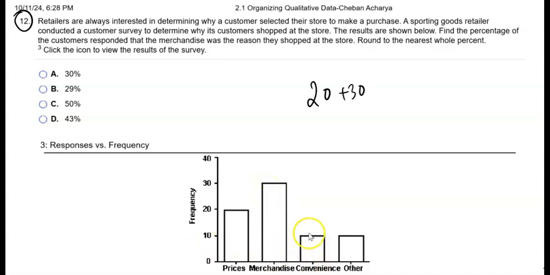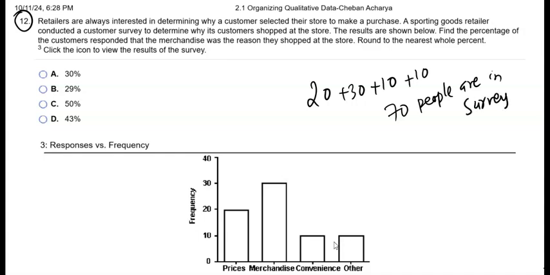Because of convenience, 10 people. Because of other reasons, 10 people. So how many people are in the survey altogether? 20, 30, 50, 60, 70. 70 people are in the survey. That means 70 people did the survey.